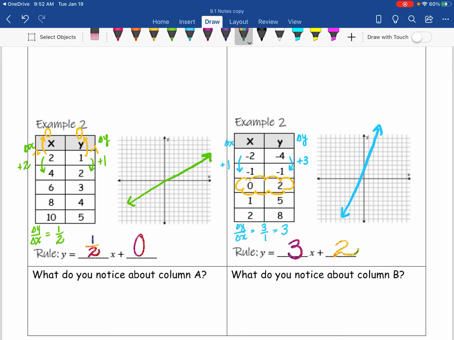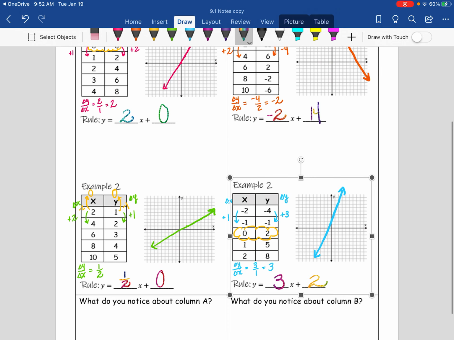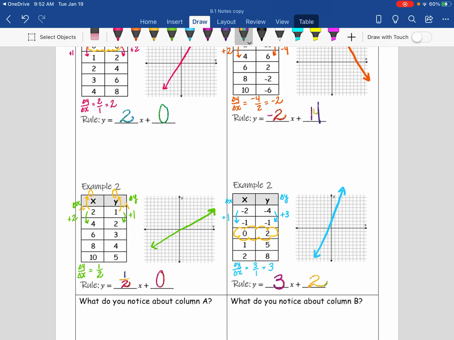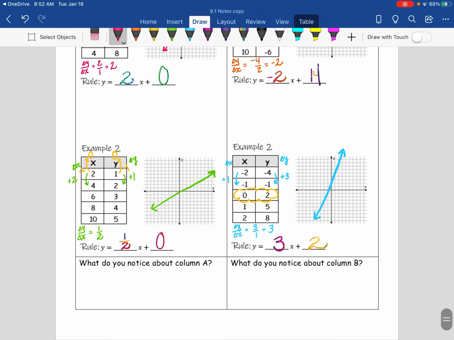Okay. So if we go back and we look at these, and I'm making it small enough so that you can see both equations here. If we look at column A versus column B, hopefully you see here that the y-intercept in column A is 0. So that is the difference between a proportional and non-proportional.